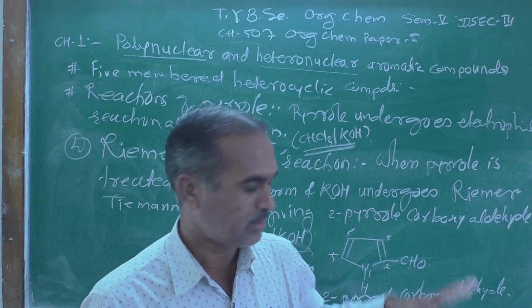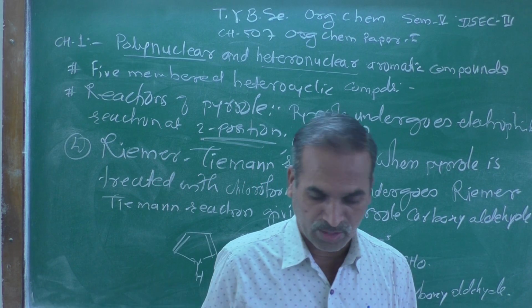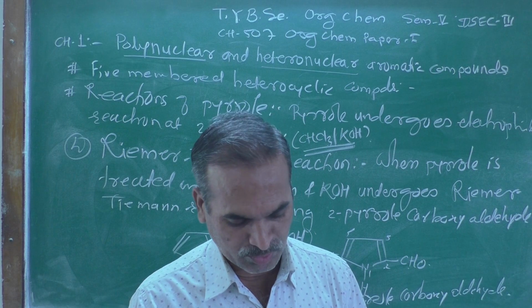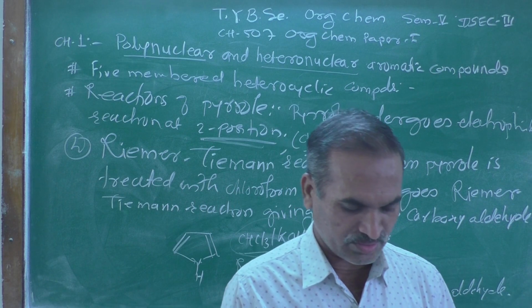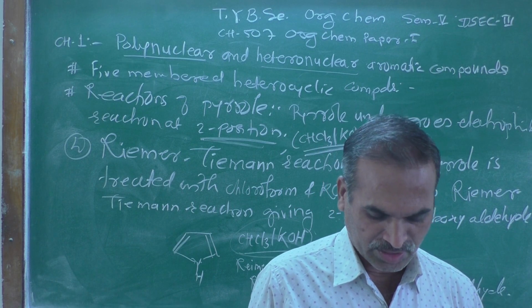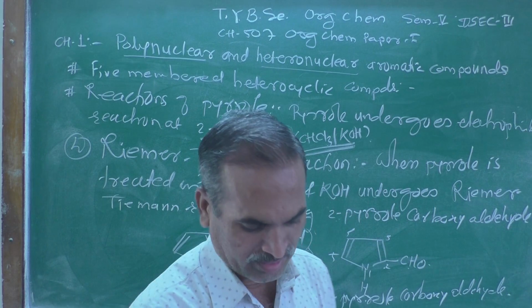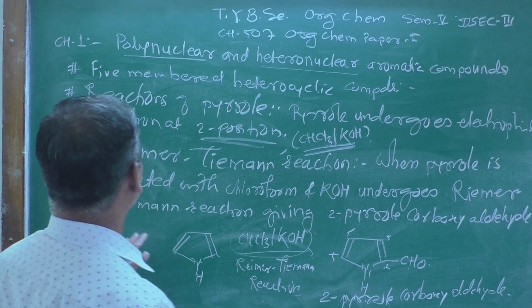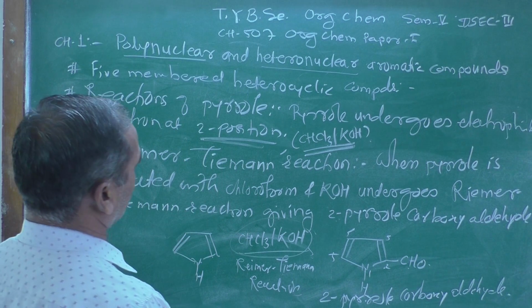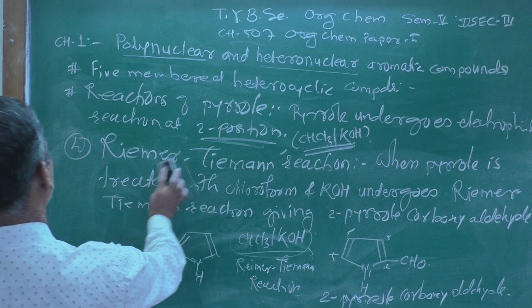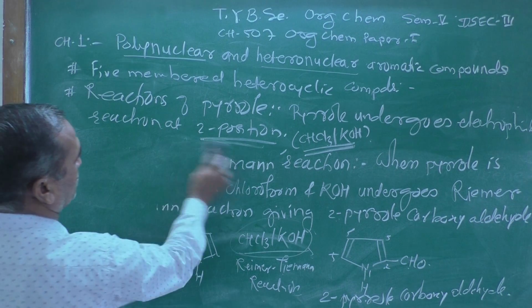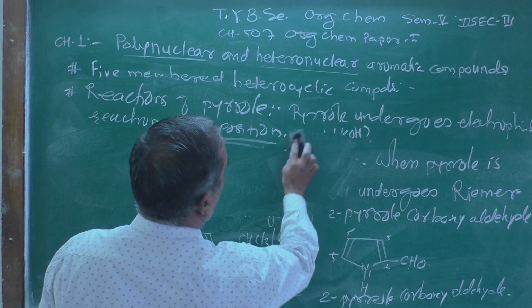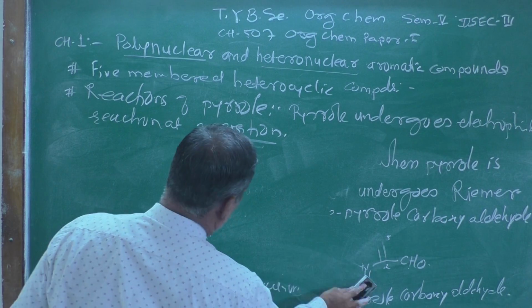Here just remember that a formyl group is introduced at the 2 position, and the resulting product is formed. Now let us move on to the next reaction, the fifth reaction we are going to discuss here, which is hydrogenation.